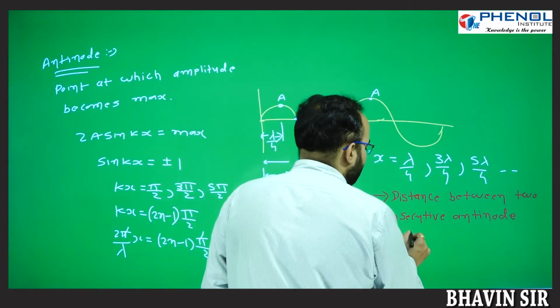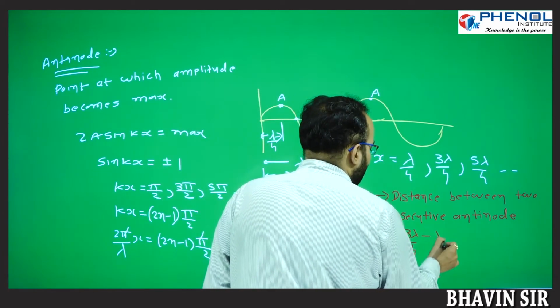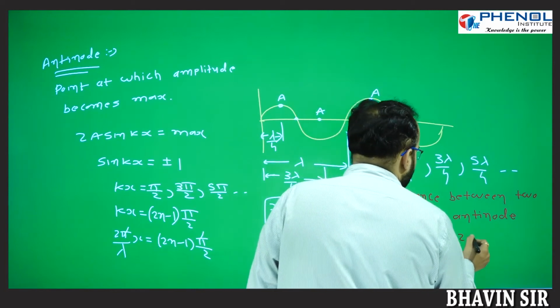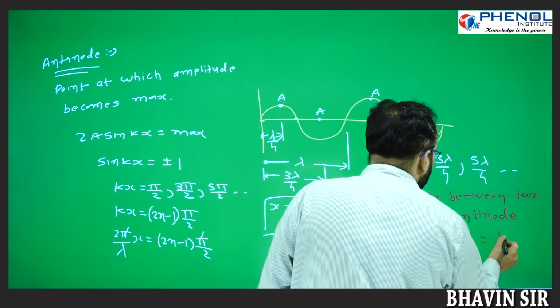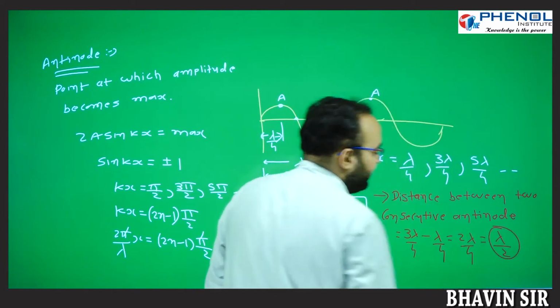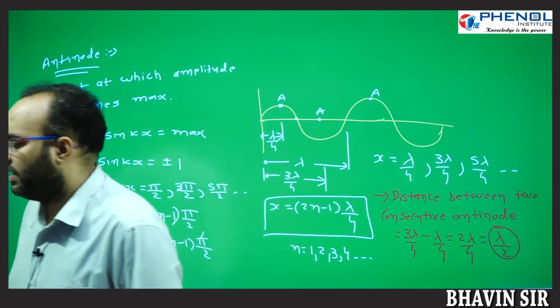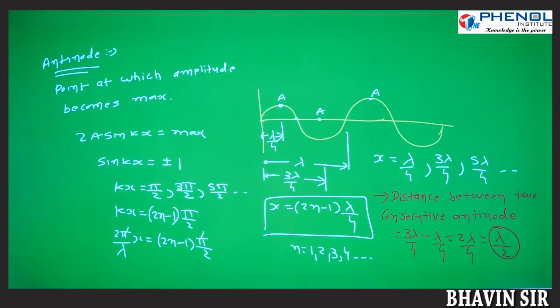So we get 3 lambda by 4 minus lambda by 4, which is 2 lambda by 4, so we get lambda by 2. So the distance between two consecutive antinodes is lambda by 2.